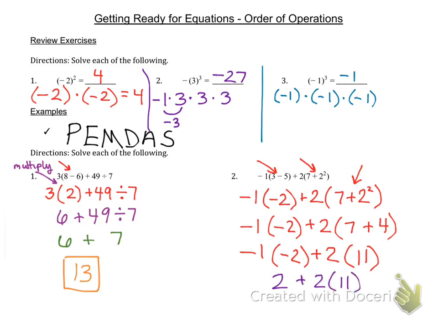I'm going to rewrite that. Then I'm going to do the second multiplication problem. 2 times 11 is 22. So I have 2 plus 22. And then I'm going to add 2 plus 22, which is 24. So that would be your final answer. According to order of operations, this answer is 24.